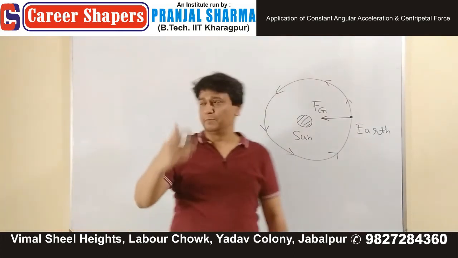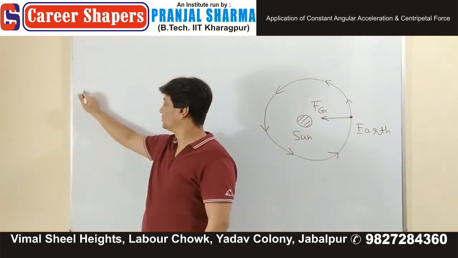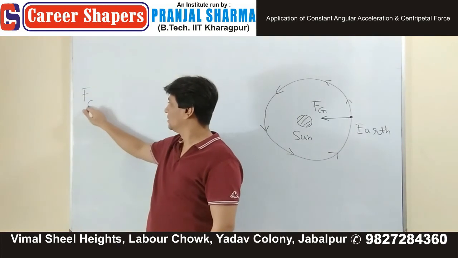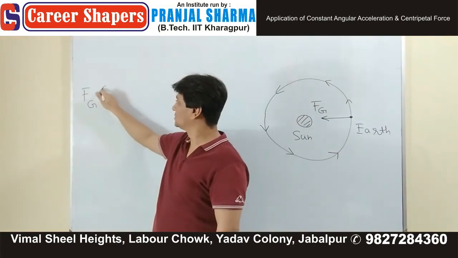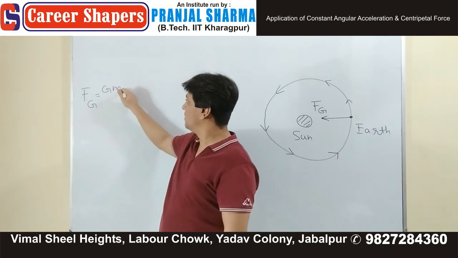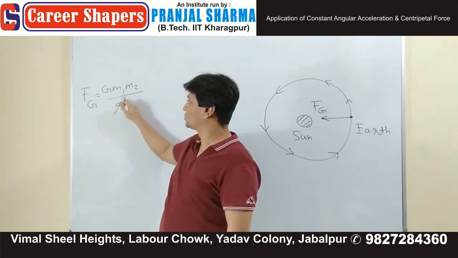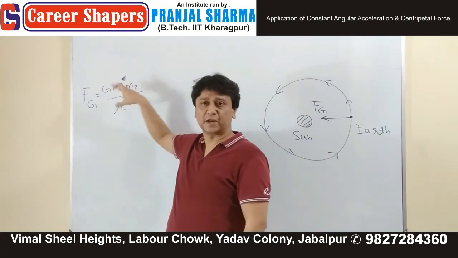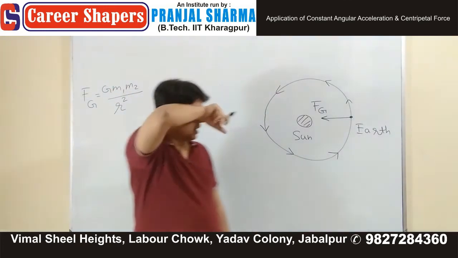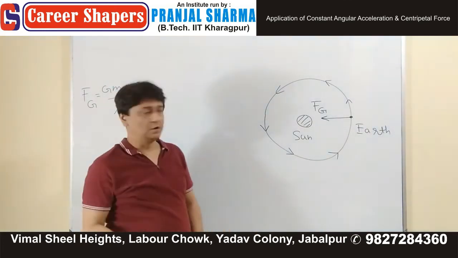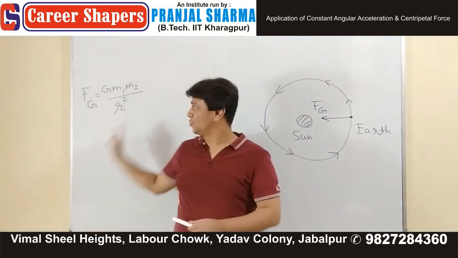And maybe you have seen things like these. This gravitational force is G m1 m2 upon r square. We'll see this in detail when we handle gravitation. As of now, we don't have to worry about this.